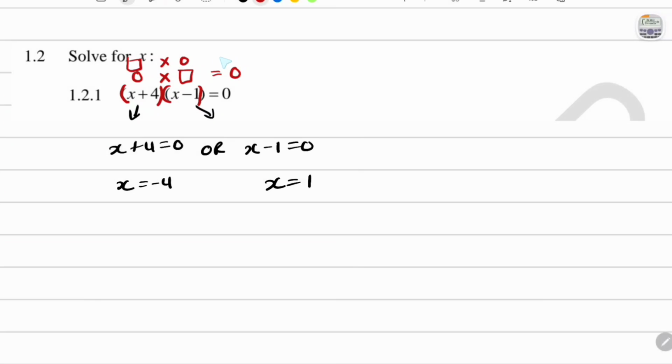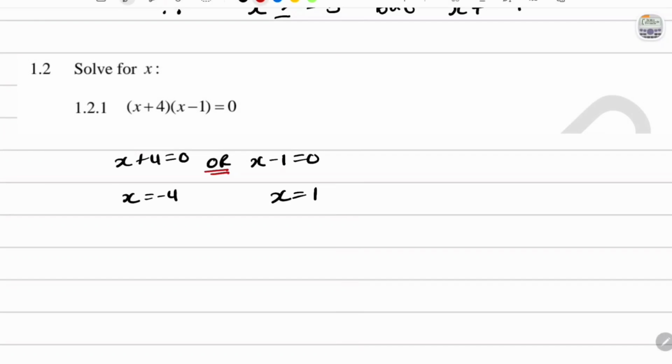Okay, that bracket was 0. A number times 0 again will give you 0. So it either means that this bracket is equal to 0 or that bracket is equal to 0 for us to be able to actually multiply both brackets and get 0. So that's the logic behind that. And that's why we use the word or. Okay, so that is our answer. Moving on to the next question.